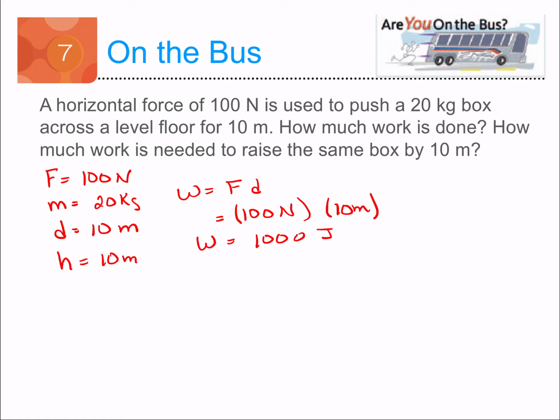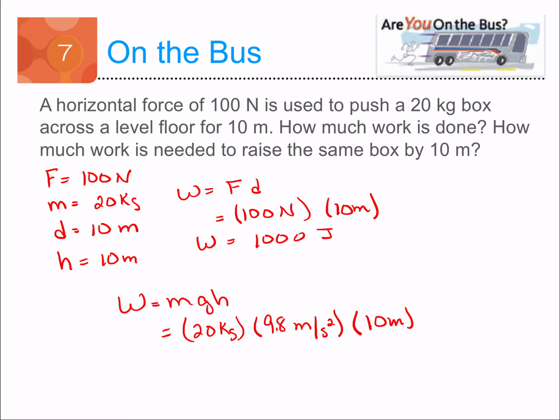Now the second part, I'm raising the box, so my work is going to be mgh, which is going to be my mass, 20 kilograms. If you remember, lowercase g is our constant, which is 9.8 meters per second squared, times the height, 10 meters. So our work is going to be 1,960 joules in that case.